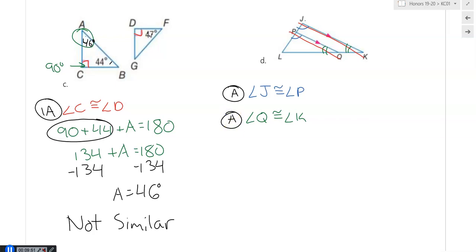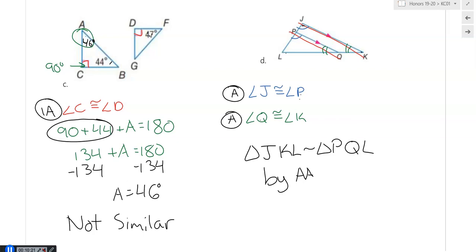So I have triangle J. I did these in the opposite order. Be careful, J, Q, K, L, and then I have to do P, Q, L. Make sure your angles are matching up by angle, angle. All right, go ahead, turn the page.